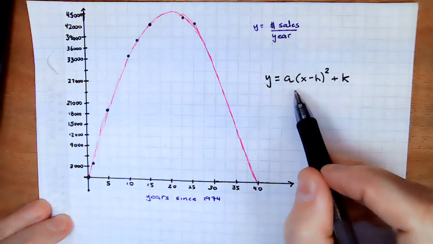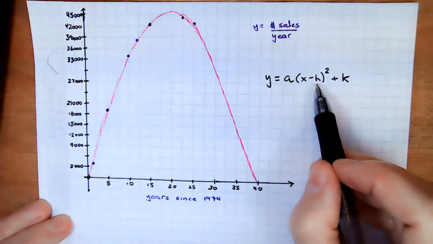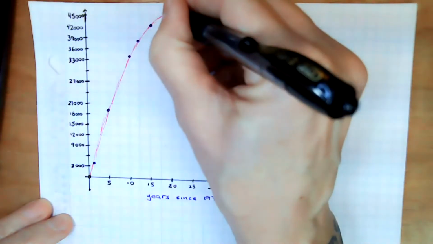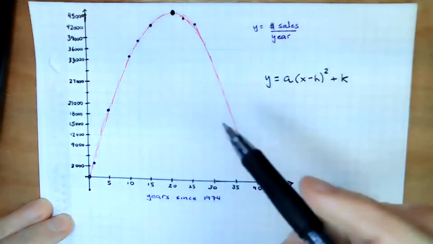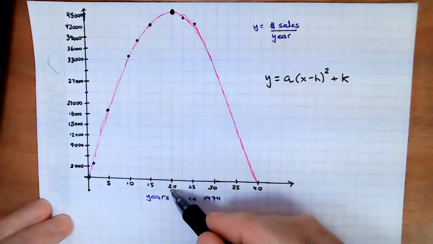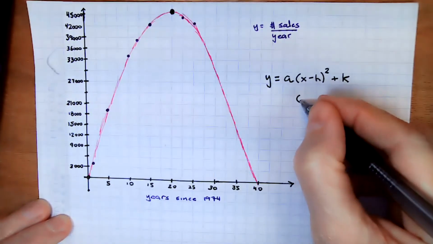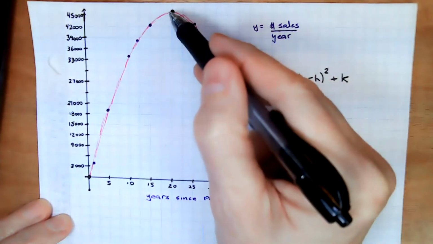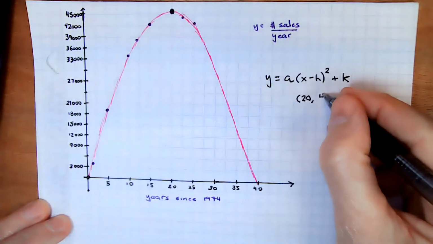So going from my graph, I can estimate the vertex, which is H and K. So that appears to be at about X equals 20 and Y equals, let's call it 46,000.